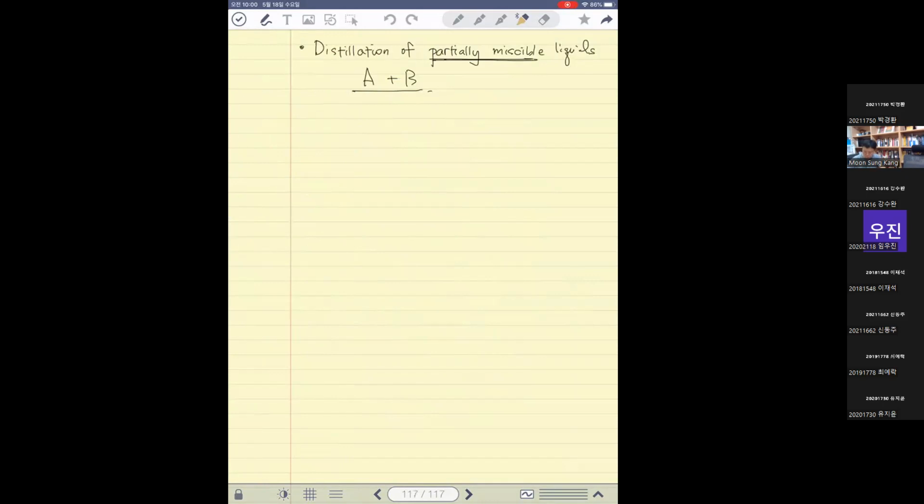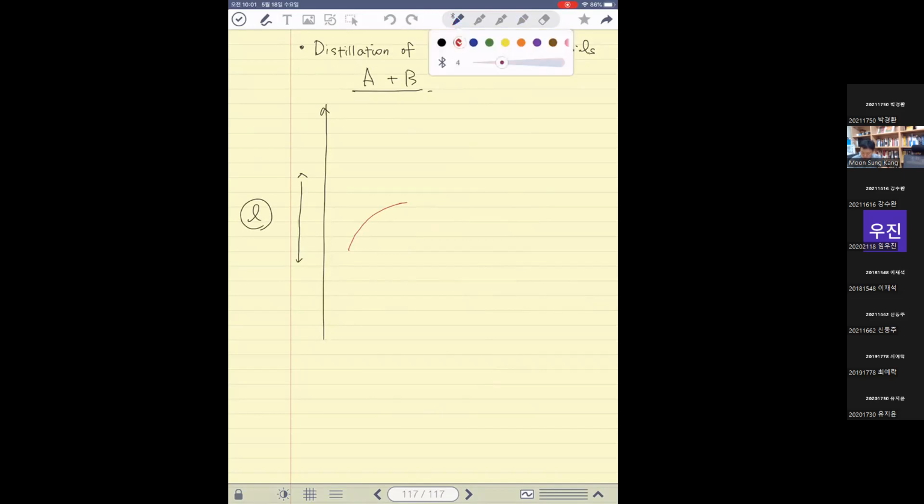So what I'm going to do is, let's say this is a temperature axis, and at this middle temperature range, I'm going to have liquid, right? And the liquid is going to be a partially miscible liquid. So therefore, I'm going to have a phase diagram that looks like that.